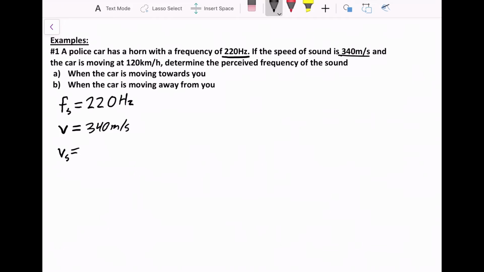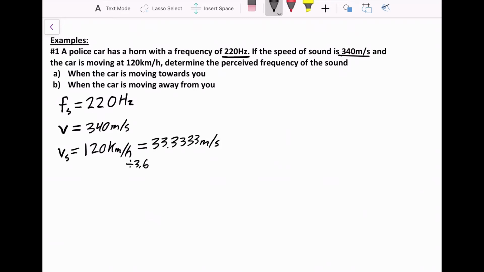The horn is on the car, so that's the speed at which the source is moving. We're going to want the same unit for the speed of sound and the speed of the car. So let's convert this to meters per second. We can do that by dividing by 3.6. Remember that little trick, and that gives us a speed of the car of 33.333 meters per second.